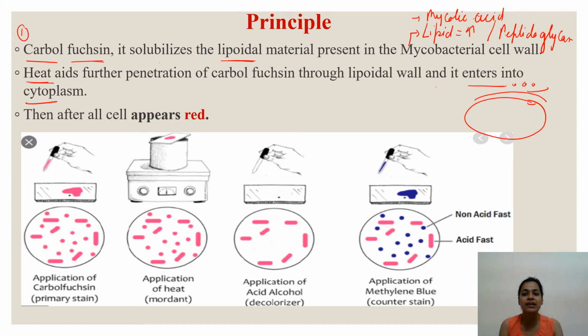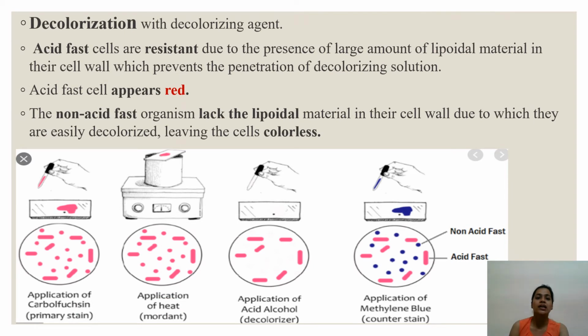Once the heat is given, the primary stain can easily enter the cytoplasm of the bacteria and stain the cell. After the heat step and primary stain, all the cells will appear reddish in color, which is the color of the carbol fuchsin.